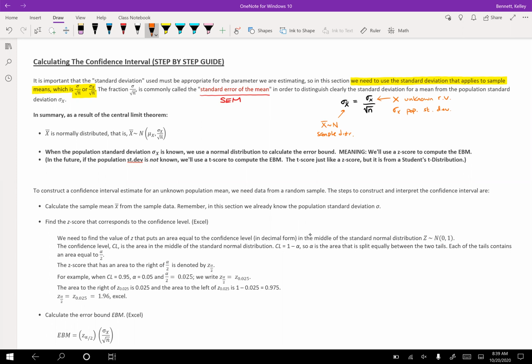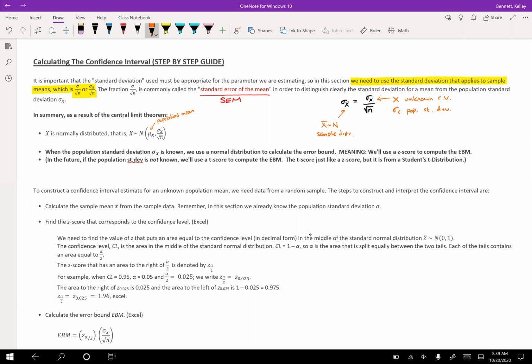All right, so we know from before that X bar is normally distributed with mean mu sub X, so again, this was our population mean, and standard deviation sigma X over square root of n. That's just the standard deviation of the sample mean, which we are now calling the standard error of the mean.